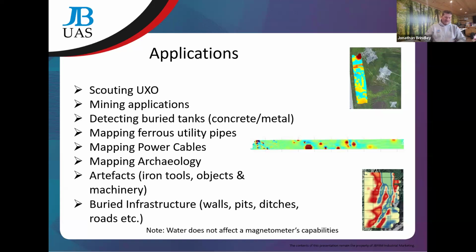So you can have a pond or a bog, 0.5 meter of water, and you've got something under that. The magnetometer will fly over the water without a problem and give you very similar results to what you would get going over land. So water doesn't really affect the outputs.